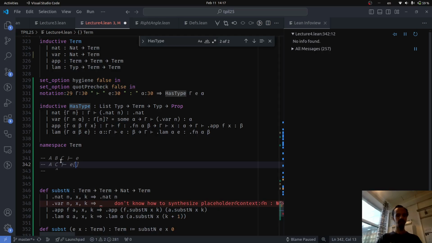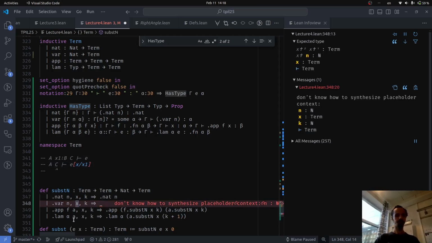What we want to get is something like this, where we've replaced this variable x1 with this x here.